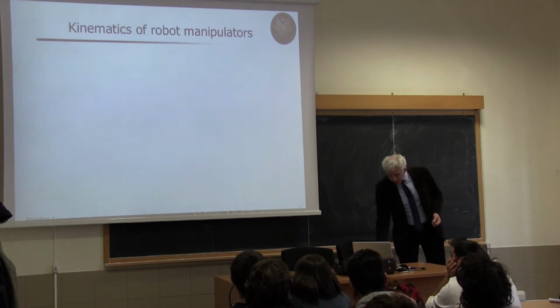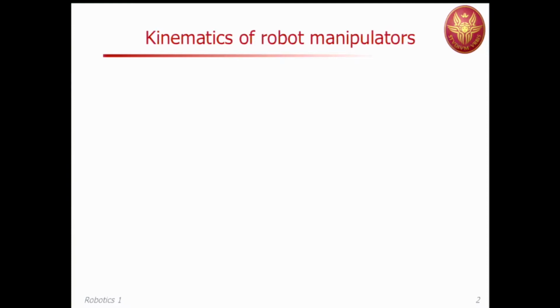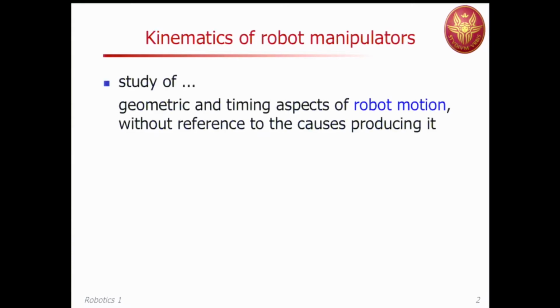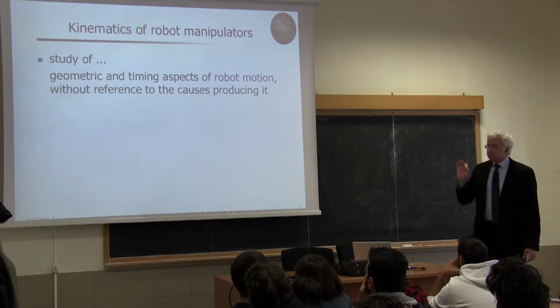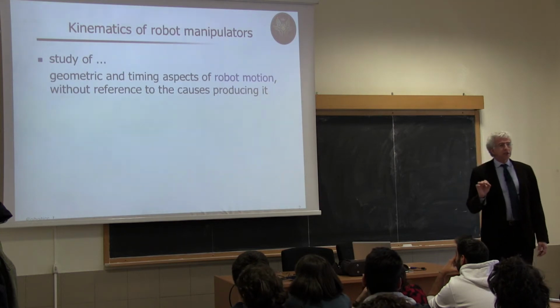Okay, so direct kinematics. What is this concept? So we will study the geometric aspect of robot motion and the timing aspect of robot motion. And we already start doing this distinction.